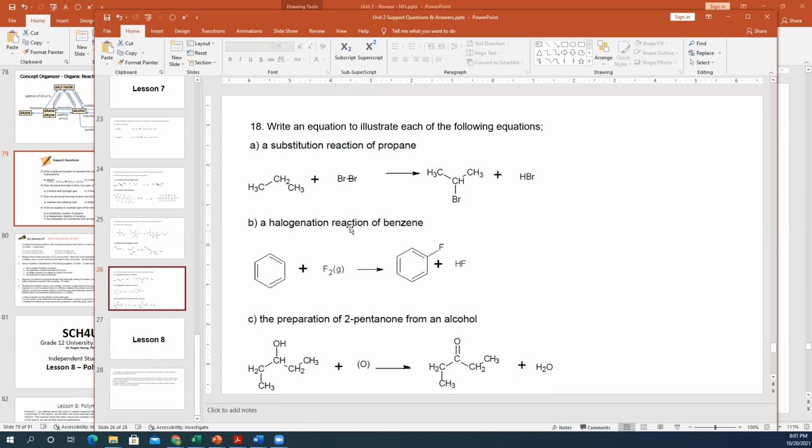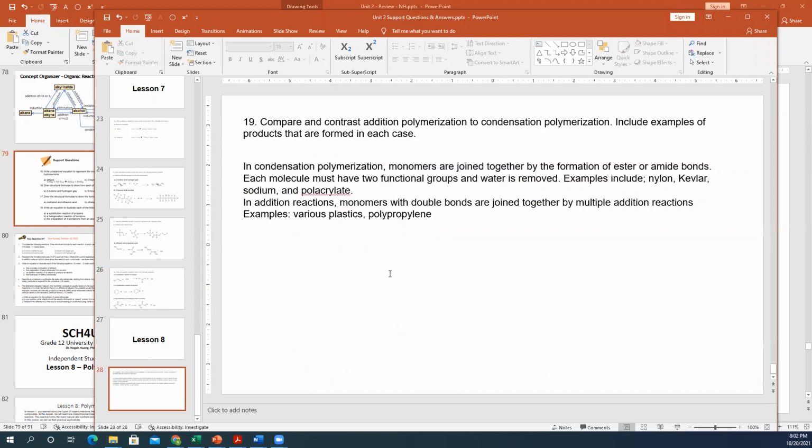A halogenation reaction of a benzene. Okay, we draw a benzene halogenation. So a halogen, pick a halogen, anyone. It could be fluorine, it could be iodine, whatever you want, bromine. Let's pick fluorine. So where does it go? It goes on either side of that double bond. So one of them goes there and the other one goes here.